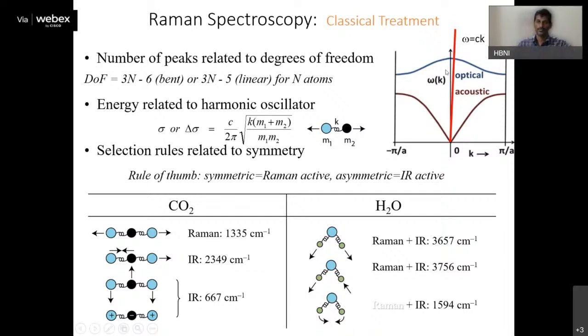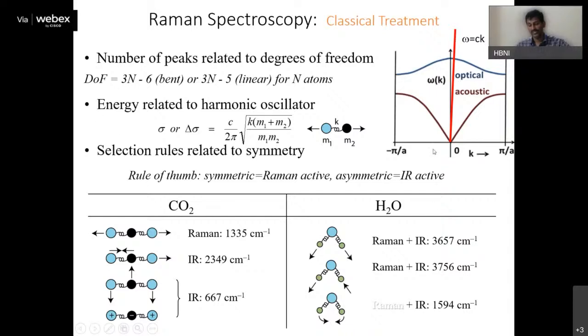If your system is monoatomic, or your unit cell contains only one atom, then you will get only the acoustic branch. If you have more than one atom, then you will get optical branches. Basically, you will get 3n total modes.